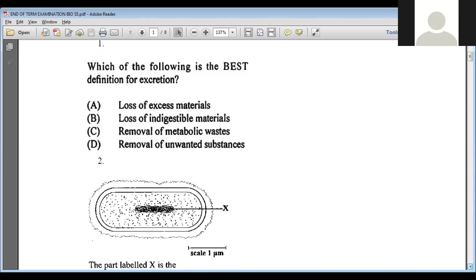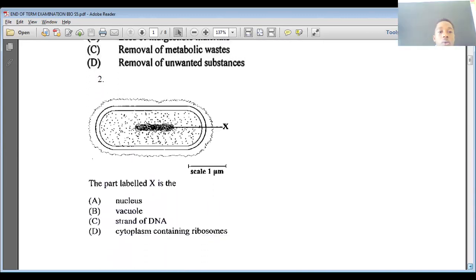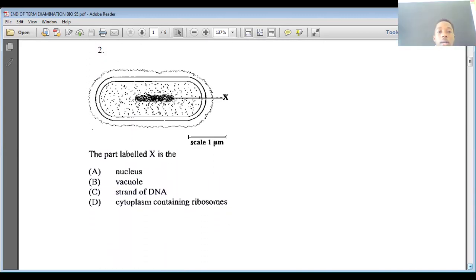All right, now let's look at number 2. Number 2 is showing us what? This is showing us a cell, right? This looks like a plant cell to me. It also shows us the scale, which is 1 micrometer in length. All right, and micrometer is to the power of -6. Now they are asking us the part labeled X. Oh, Tina joined us. Welcome, Tina.